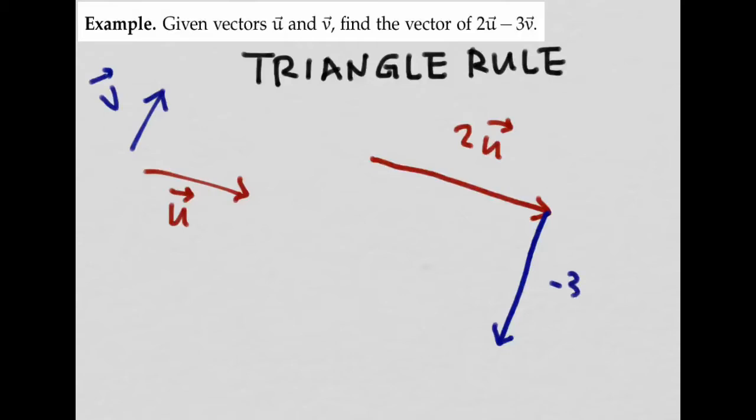This is minus 3v. Notice how I positioned the initial point of minus 3v to coincide with the final point of 2u. Now the resultant vector 2u minus 3v would look like so.